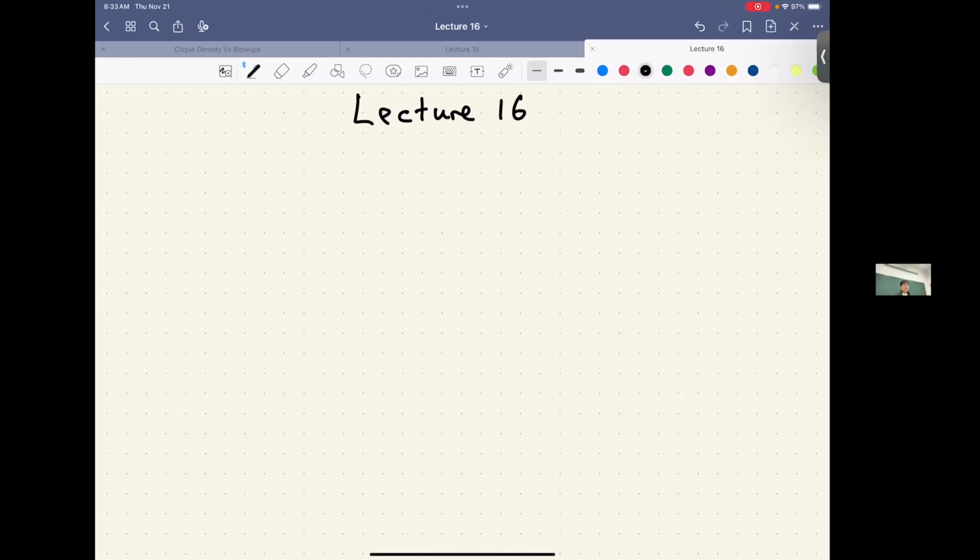So let's finish the details of this Ramsey construction.